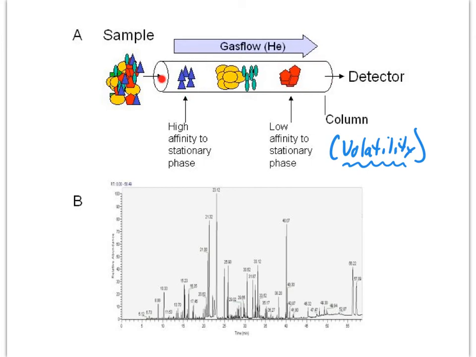The less volatile components spend more time in the stationary phase, less time moving in the gas phase, so they move through more slowly. Then our question is, if these are all coming out in the gas, how do we detect them?